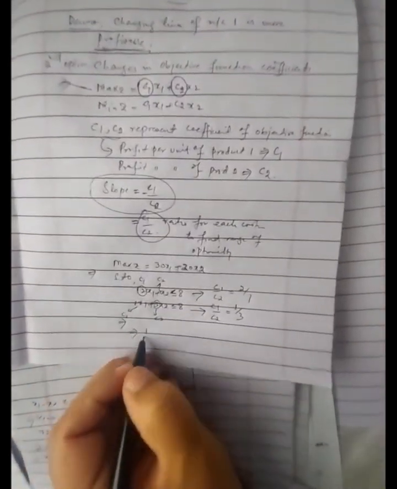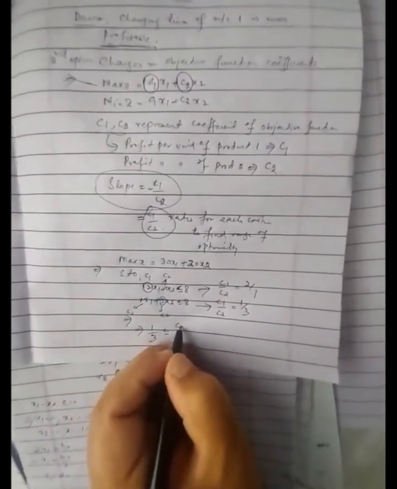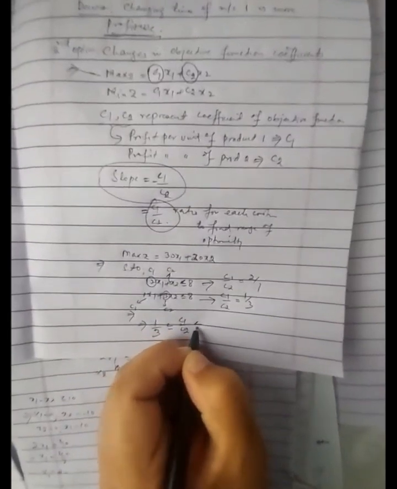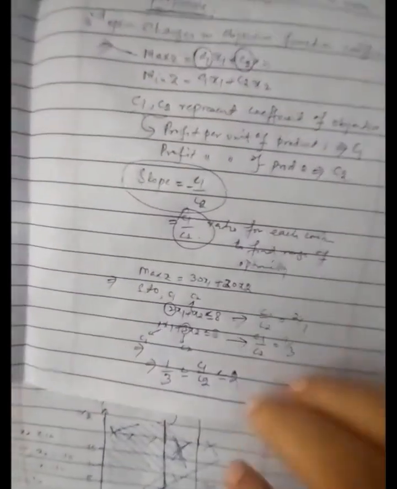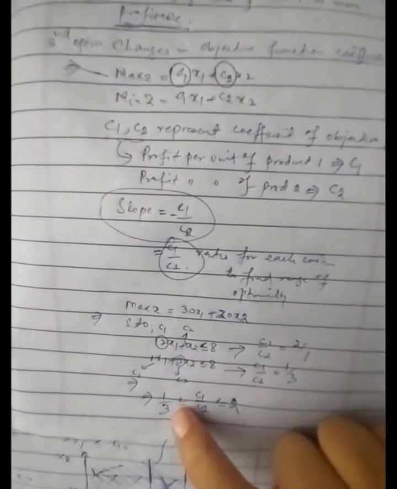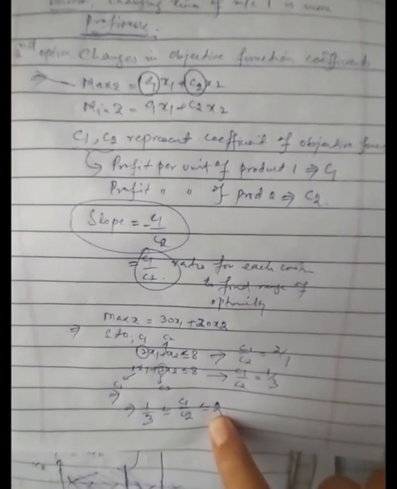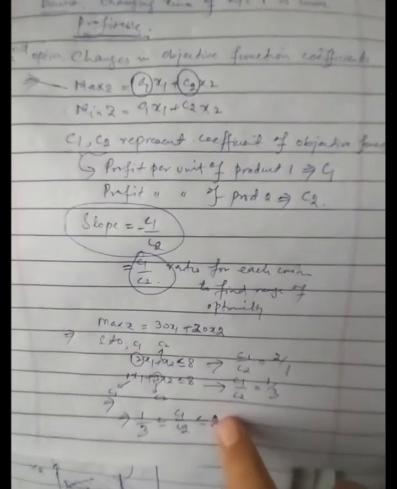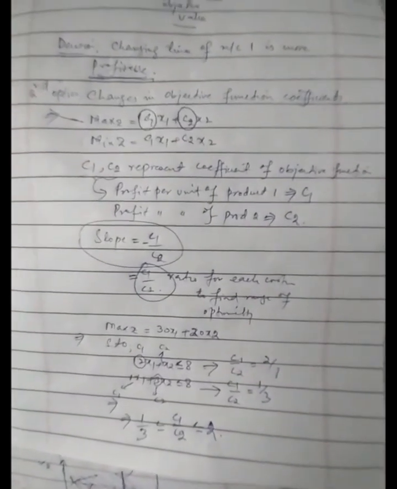It means that we can change the objective coefficients in between 1 over 3 and 2. This is the maximum change that is possible, and the answer will remain optimal. This is the range of it.